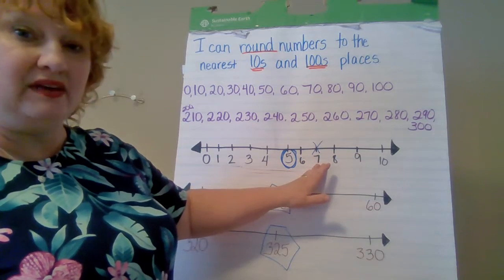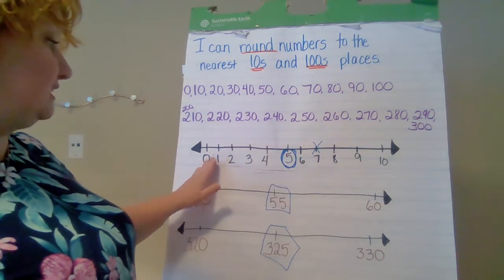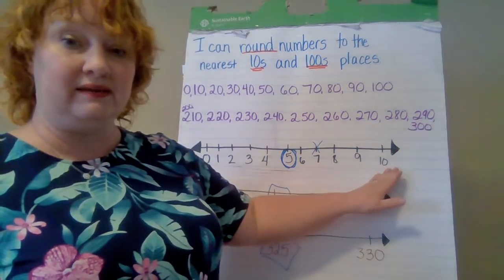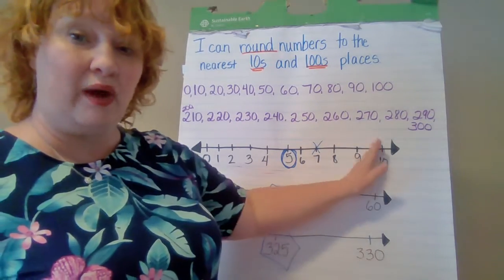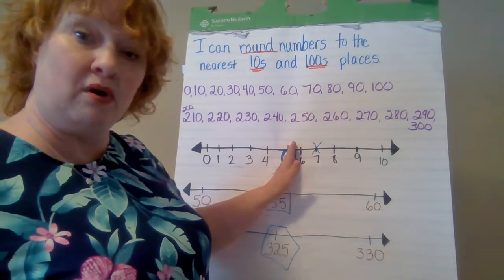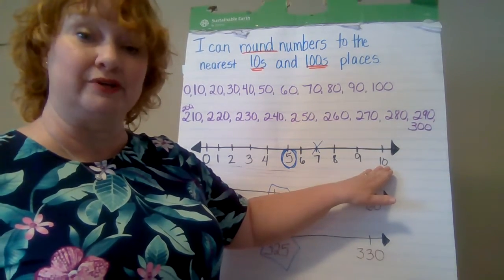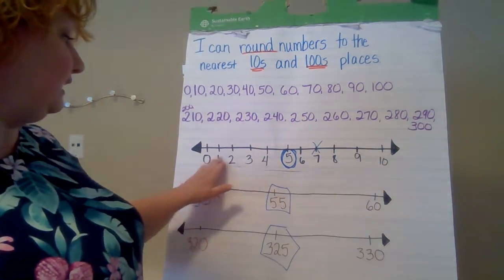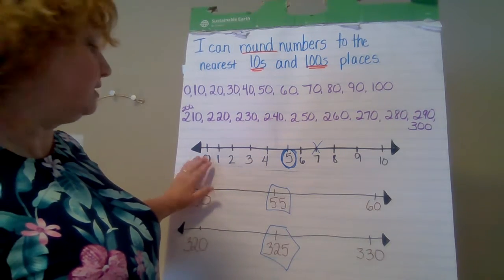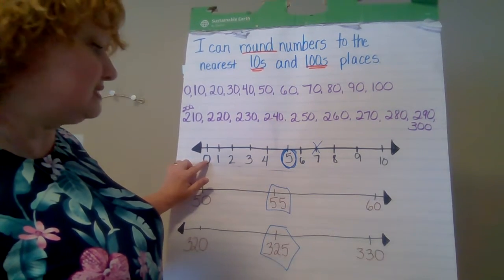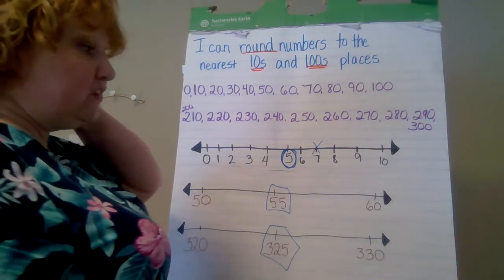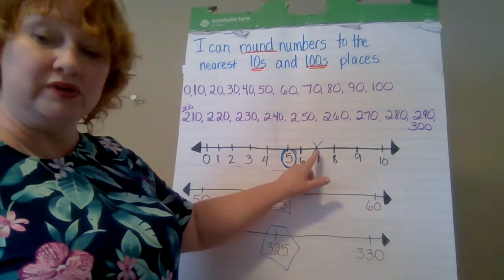Is my 7 closer to 0 or closer to 10? Well, it's past the halfway mark. If a number is at the halfway mark or higher, then I have to round up to my higher 10. If it was down here, I would round down to my lower 10, and in this case, it would be a 0. But if it is 7, I'm going to round up.